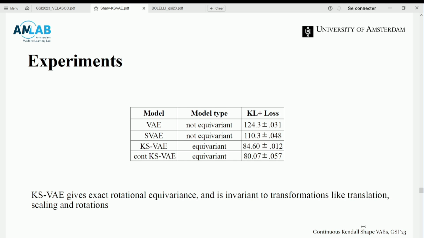And to keep the dimensionality the same, we kept Kendall-shape VAE represented by 4 landmarks, and continuous Kendall-shape VAE represented by just 1 landmark of 8 dimensions. And these 2 models are equivariant to rotations. We compare these just by the loss. And the way we look at it is that the faster it trains, the more expressive our model is with the same or fewer parameters.